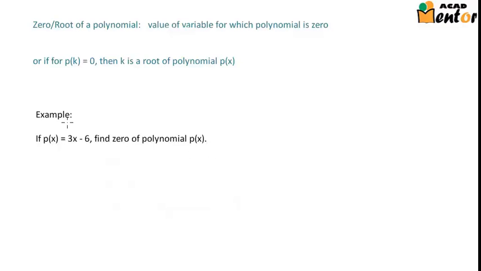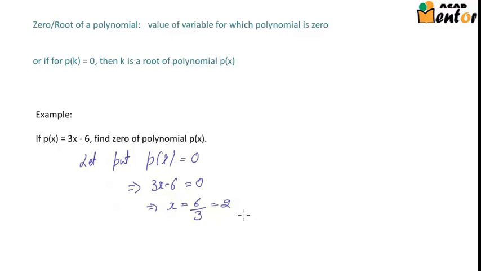So we know that the zero of a polynomial can be found out when the polynomial itself is 0. So let's put p(x) equal to 0, which implies that 3x minus 6 is 0, or we can say that x is 6 by 3, or the number 2.